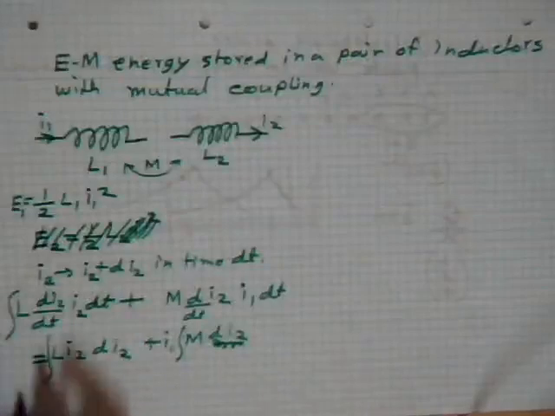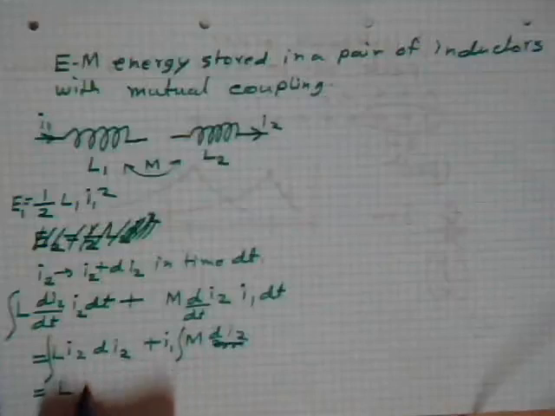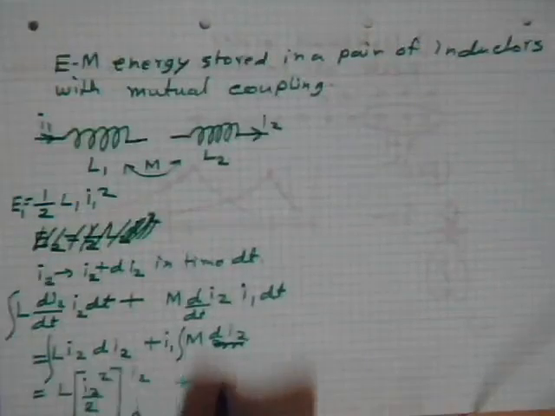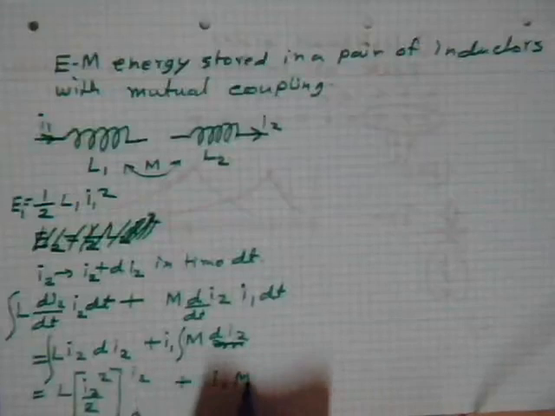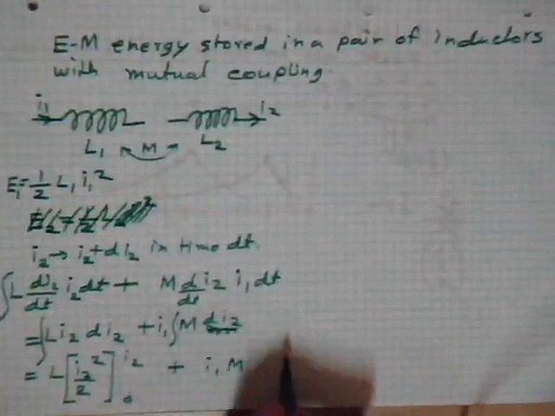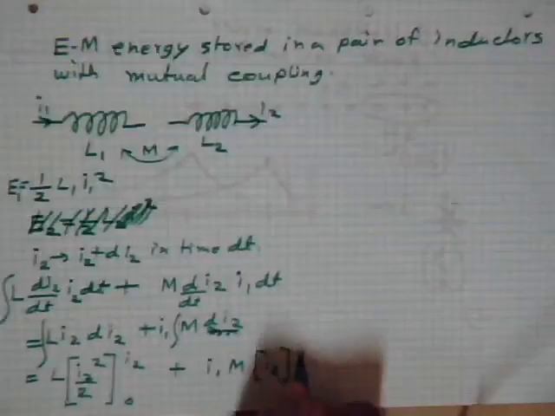Therefore this is equal to L times the integration of I2 dI2, which is I2 square by 2 from 0 to I2, plus here I'll have I1 times M times the integration of dI2, which is I2, from 0 to I2.